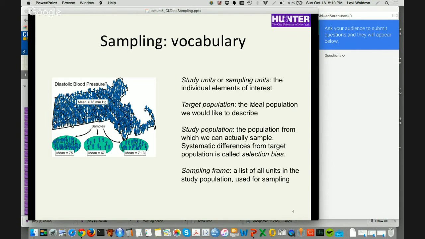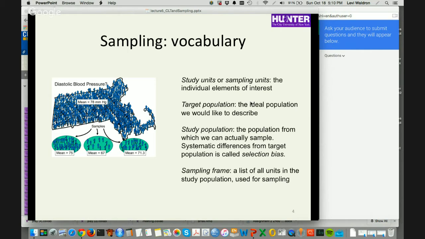They might be a geographical region or a school if we were measuring only things about those entities as a whole. The target population is the ideal population that we are interested in. It could be everyone in the US, it could be everyone in New York or Massachusetts, but it's some well-defined population that is the object of our study.